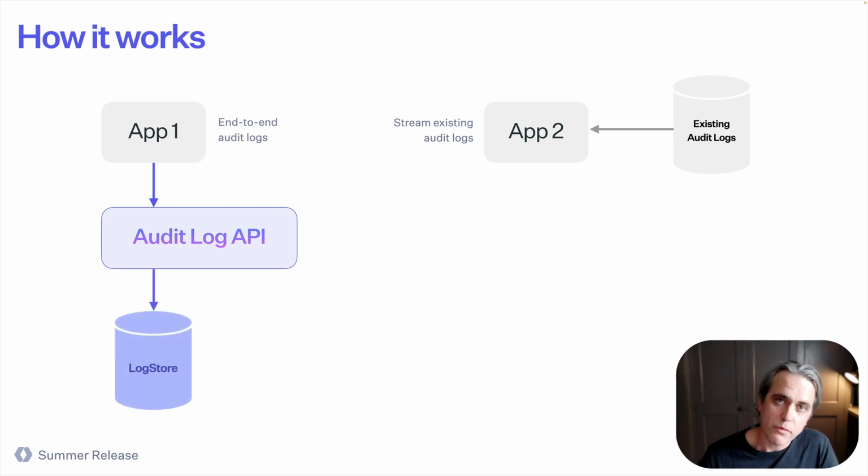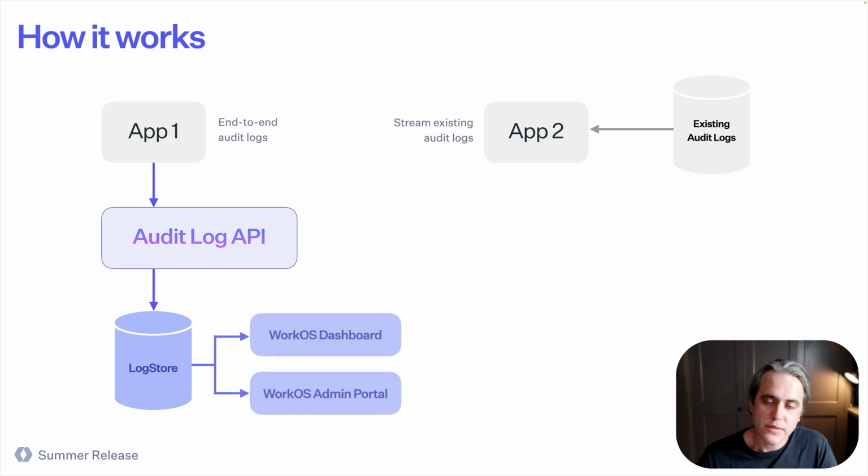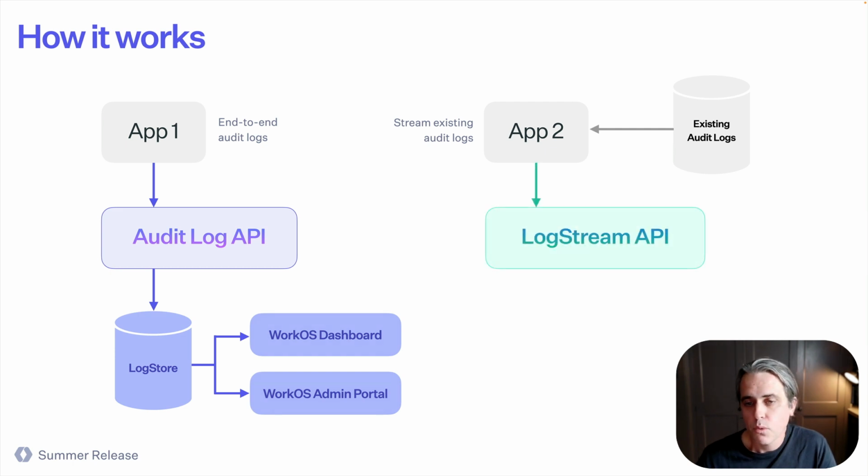It would then get recorded in the WorkOS Log Store, which is a special database for storing audit log events. Those events would then be made available to the app developer in the WorkOS dashboard and their enterprise customer in the WorkOS admin portal. App 2 would send their existing audit log events to the LogStream API.